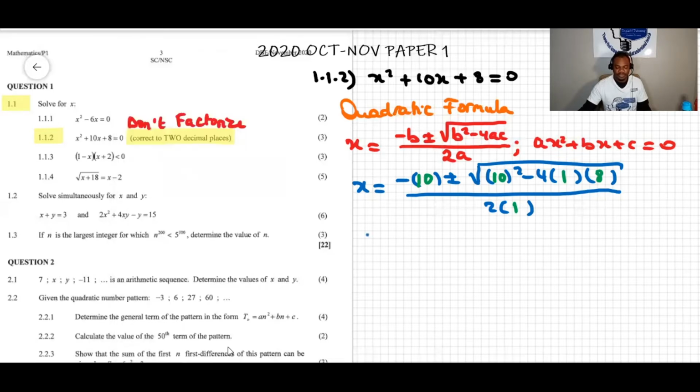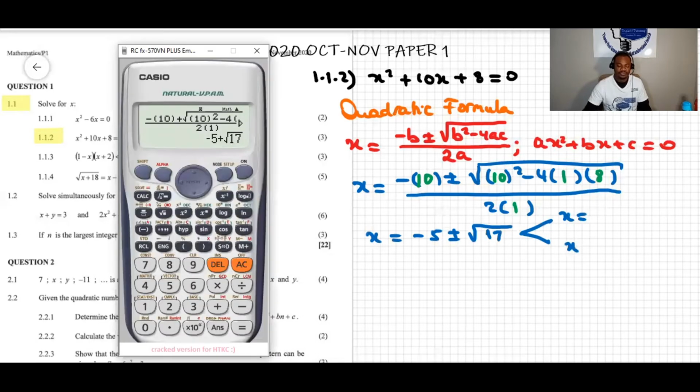We have x equal to -5 plus minus square root of 17. Now there are 2 solutions here. First, with -5 plus root 17. We can just press the SD button here to find the decimal values.